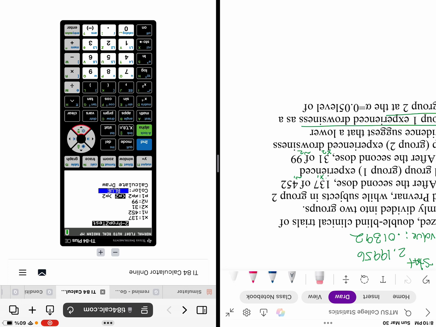And then go down to calculate, and I see here that I have a z statistic of negative 0.1964 and a p-value of 0.42214.